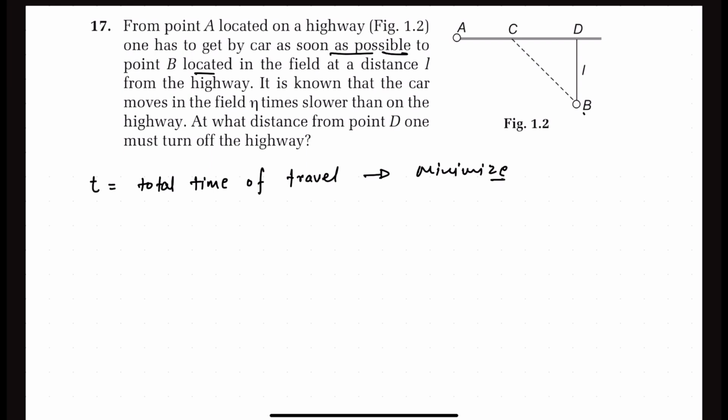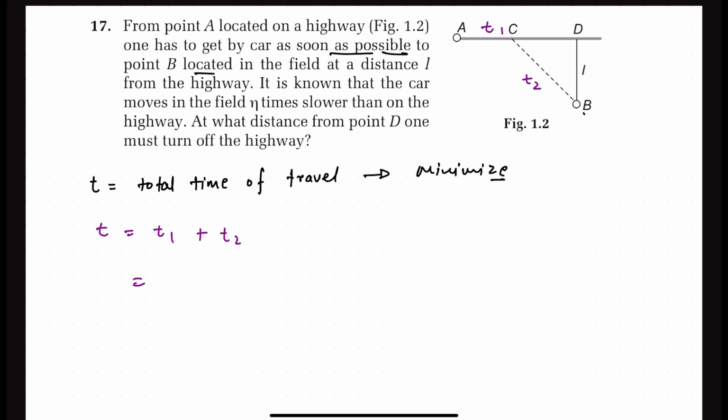The first approach is to apply minimization. Here I am breaking the total time into two parts: from A to C, let's suppose the time is T1, and then C to B, the time is T2. So can I say that the total time is T1 plus T2? Now what is the time T1?